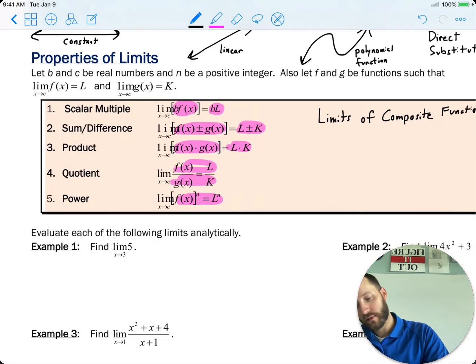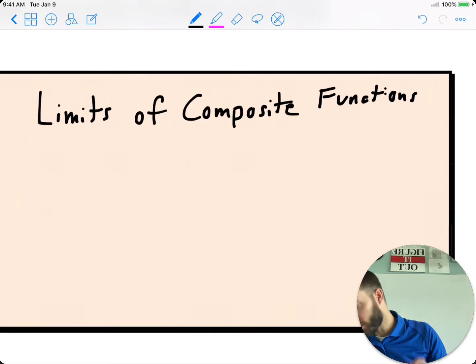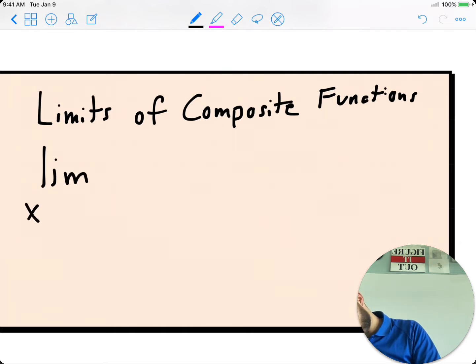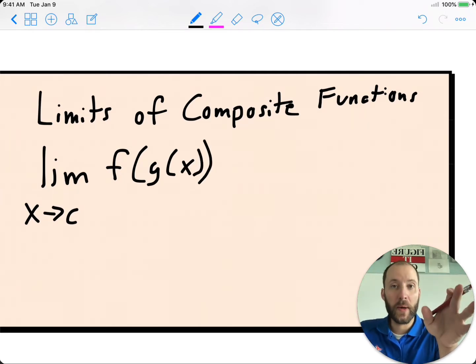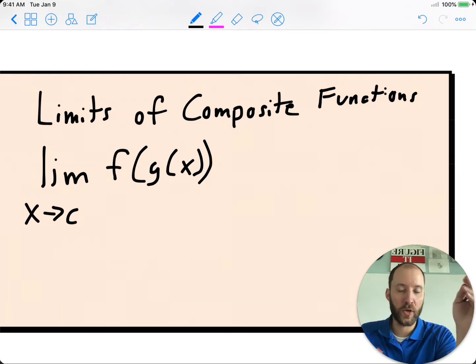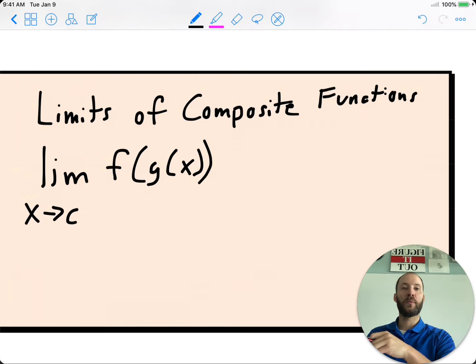So the limit as x approaches c of f of g of x. Now remember, evaluating composite functions, you work inside out. So you would plug in the number for x, plug that into g, get your answer. That answer, then plug into f, get your final answer. It's kind of the same thing here.